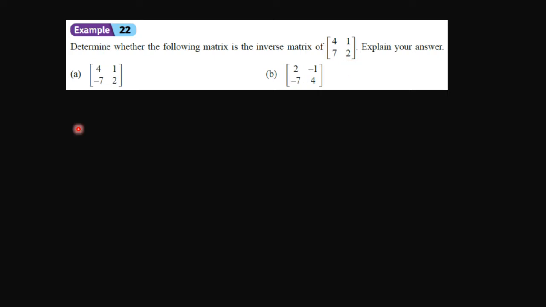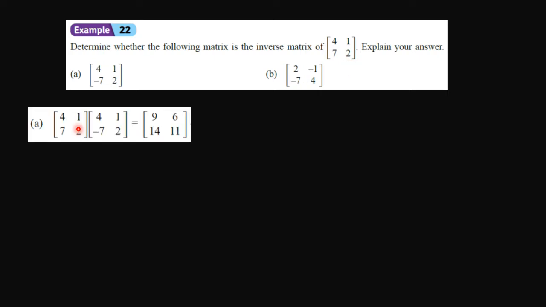You will know it when you multiply the original matrix and the one given to you. If it is the inverse, when you multiply these two matrices you should get 1, 0, 0, 1, the identity matrix.